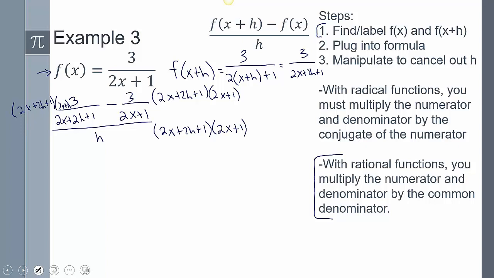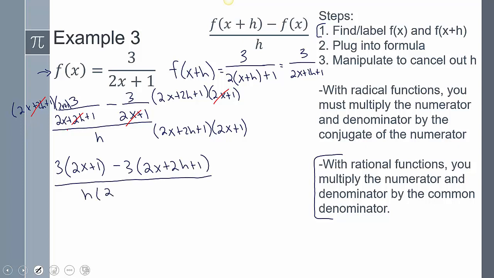Now it seems kind of vague still, but we're going to see what's going to happen here very shortly. So now trying to simplify this, immediately this and this cancel out. This and this cancel out. So rewriting what I have left, I'm going to have 3 times 2x plus 1 minus 3 times 2x plus 2h plus 1 all over h times 2x plus 2h plus 1 and 2x plus 1.